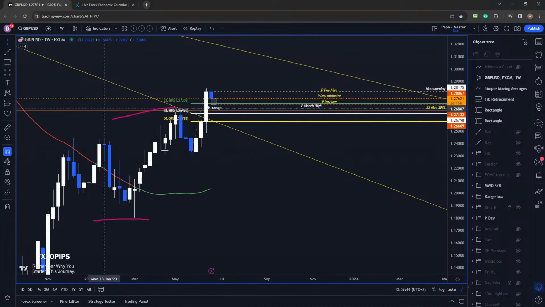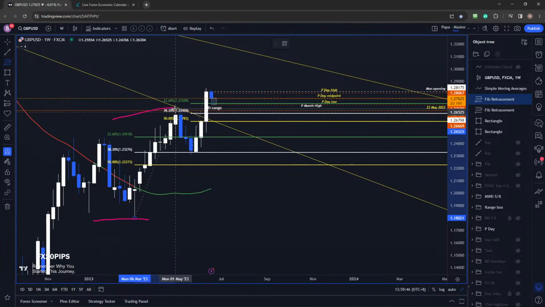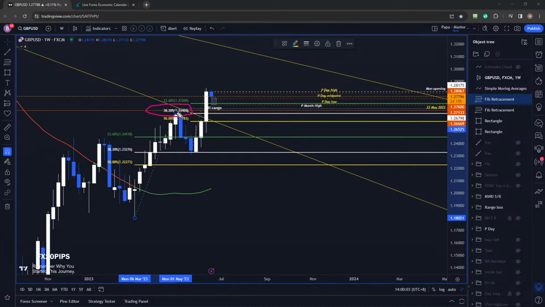Let's check it out. Yeah, so you see previously, the previous bullish leg, it bounced off 38.2%. So if the behavior is to be repeated, I want to see price drop to 1.26420 before it goes up. All right, even better if you can just retest this trend line to go up.